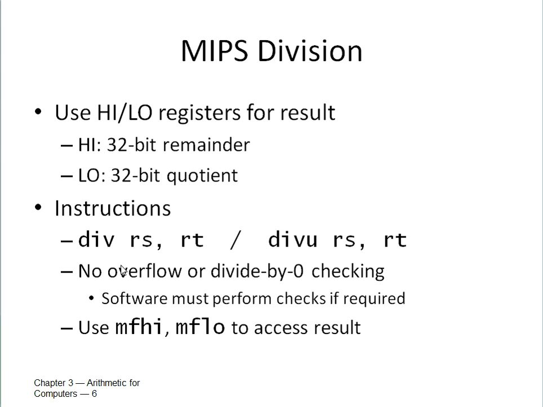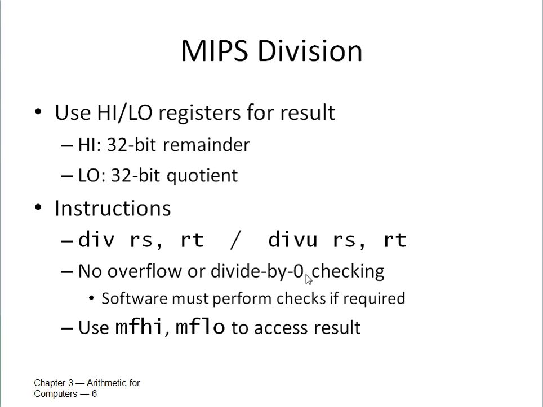So when you do div, or divu for unsigned, so this is signed, and you give it its two numbers that come in, you're going to end up doing both division and modulus. So this is the result of div, this is mod. And so you use move from high if what you wanted was mod, and you use move from low if what you wanted was div. So you just tell it to divide the two numbers and go from there.